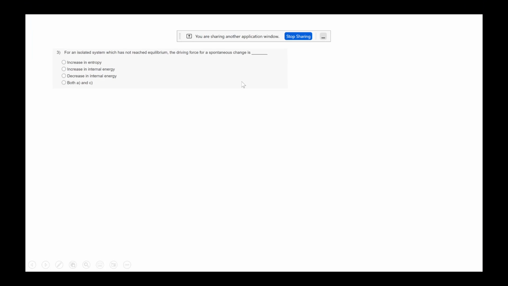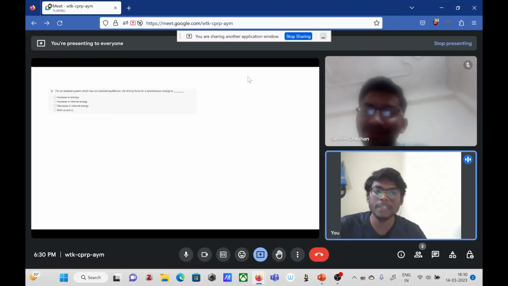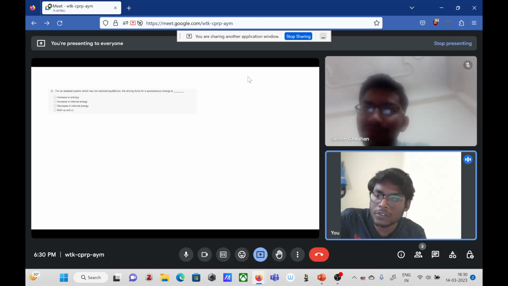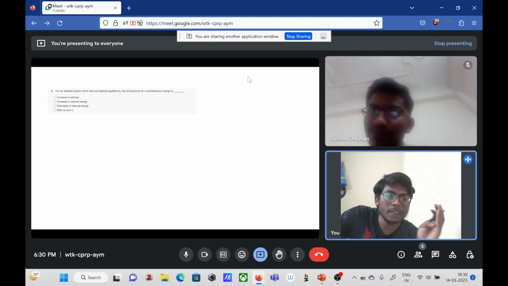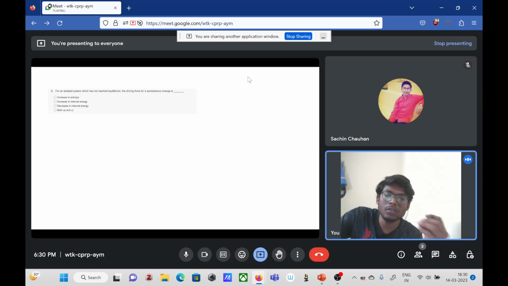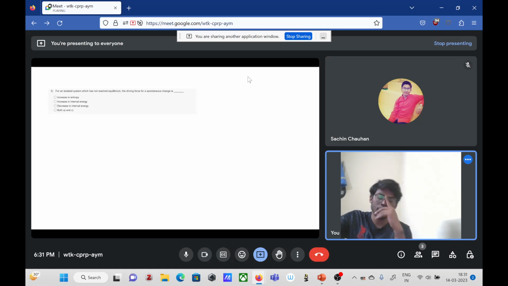Okay, so this option 3 says, for an isolated system which has not reached equilibrium. System is isolated means there is no heat exchange and no change in matter also, that is isolated, right?